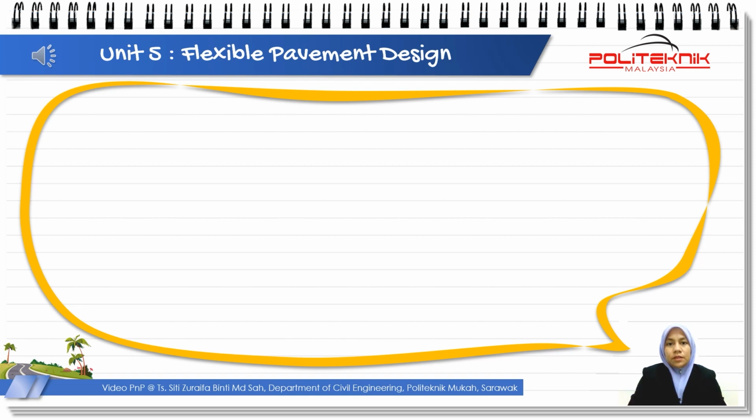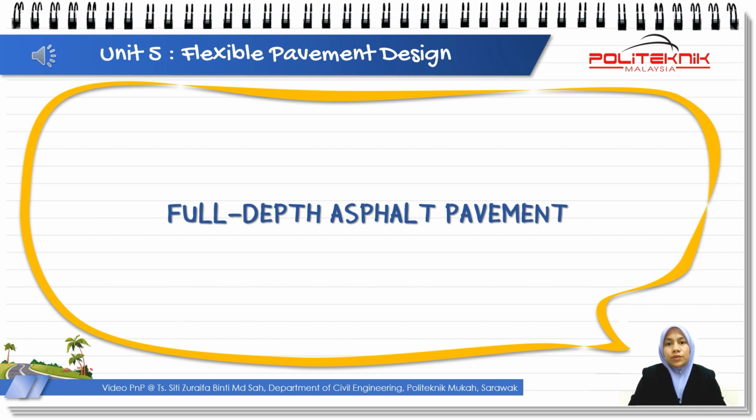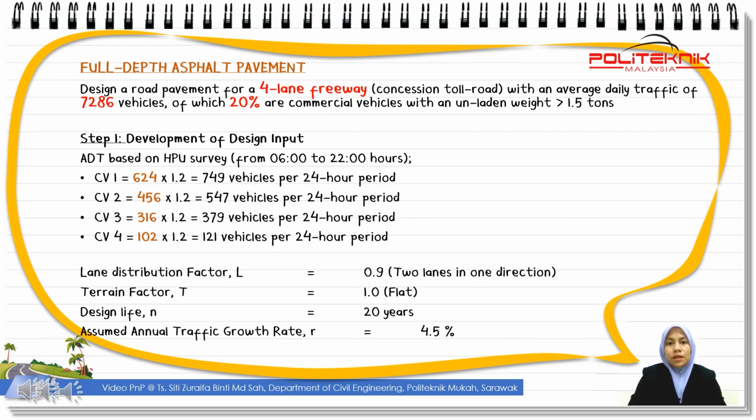This is the example if you consider using full depth asphalt pavement as your type of pavement. From this question, you must determine: A, the initial average daily traffic in one direction, ADT.